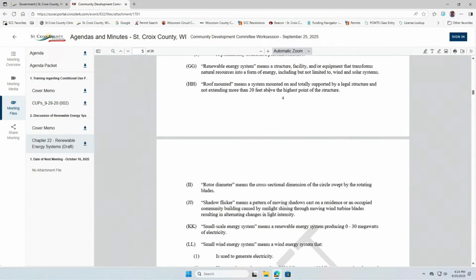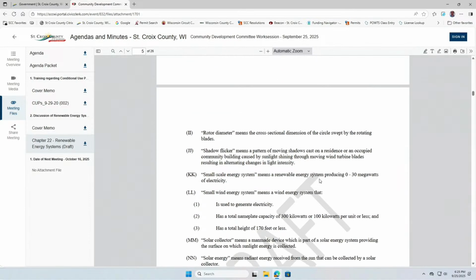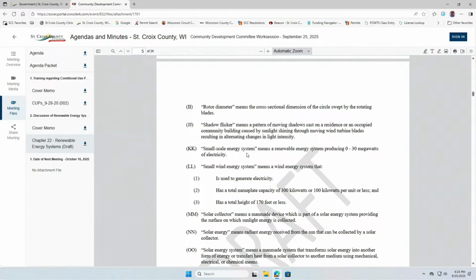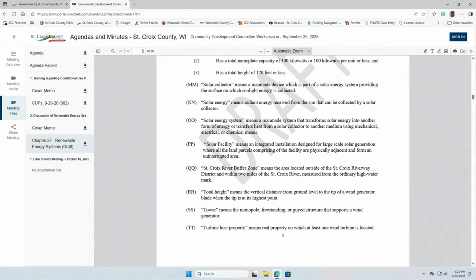Roof mounted, what do we consider that? It'd be 20 feet above the highest point of the structure, which allows for a full panel to be on the roof. And then we've got the small scale energy system here. Supervisor Shirley brought up a couple meetings ago a solar facility being defined.